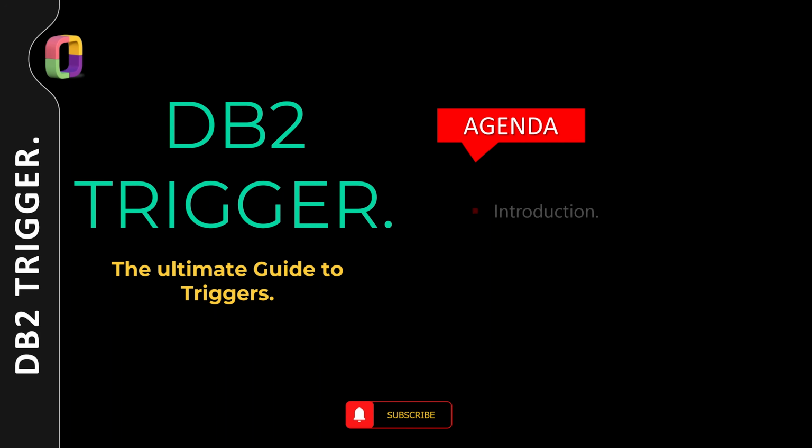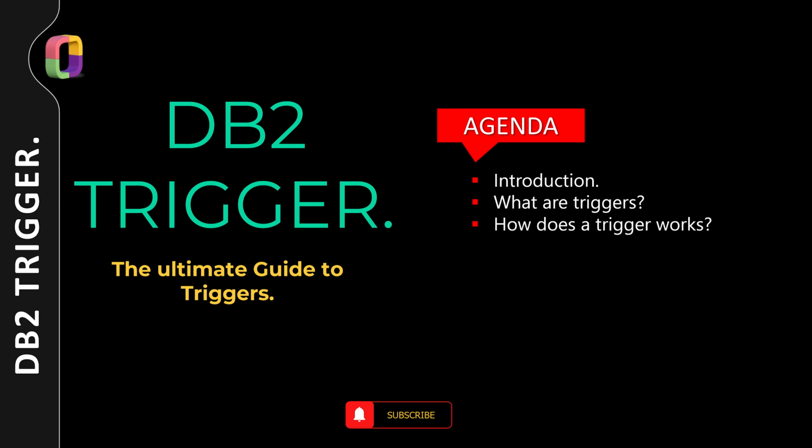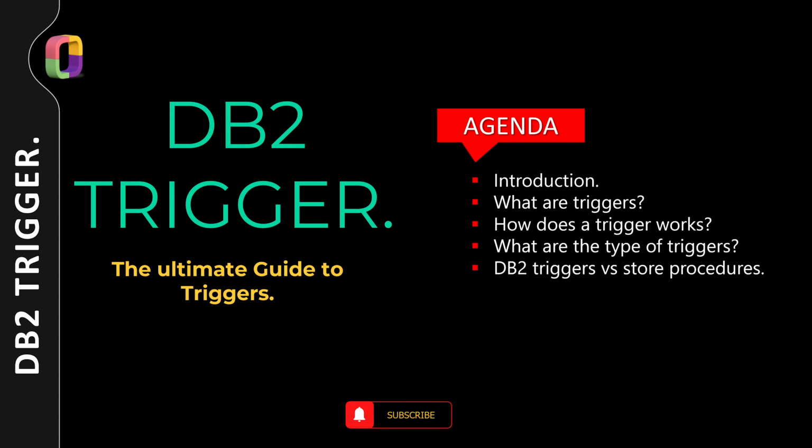So we start today's session with an introduction. After that, we'll talk about what triggers are and how a trigger works in DB2. Thereafter, we'll talk about the types of triggers supported by DB2 and how exactly DB2 triggers are different from DB2 stored procedures.